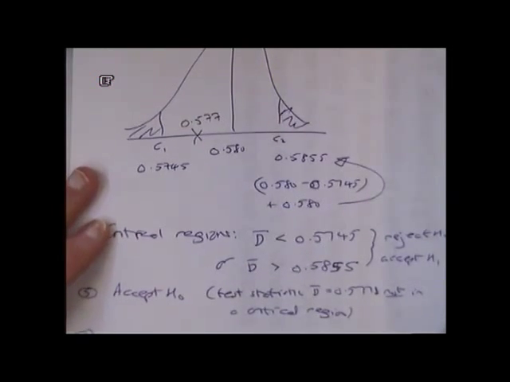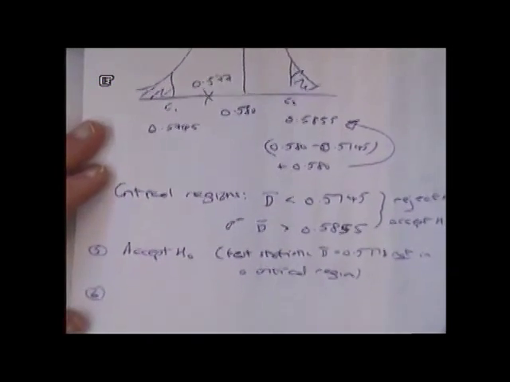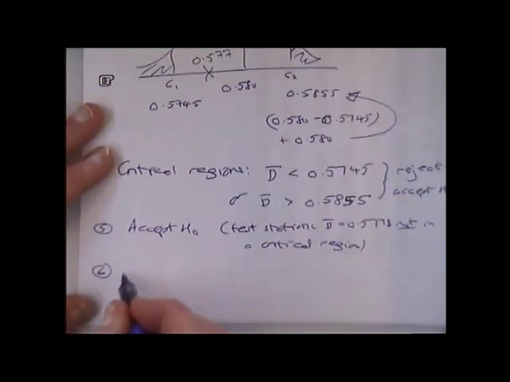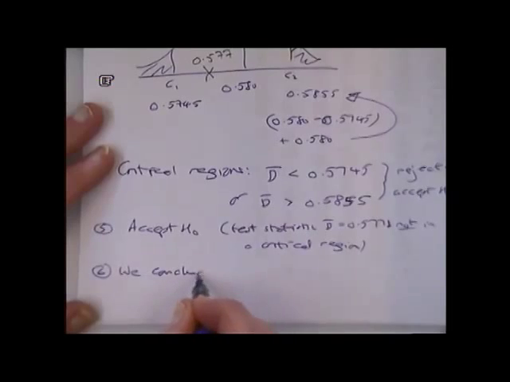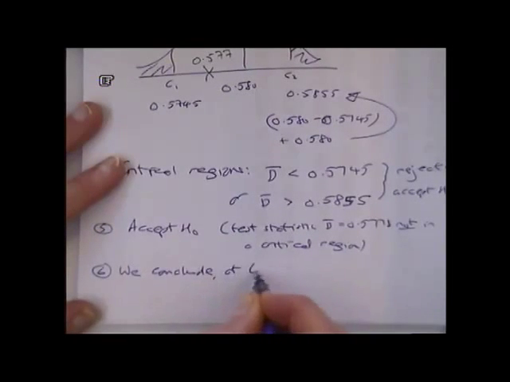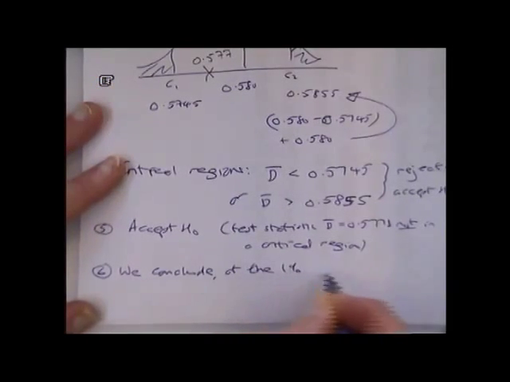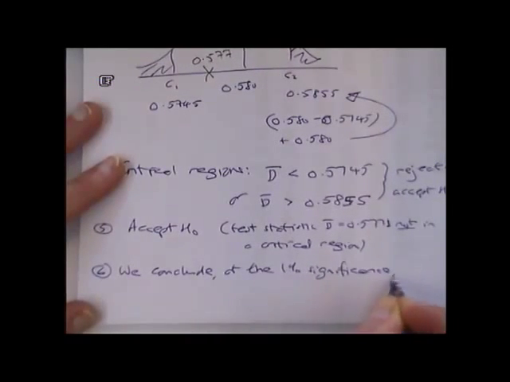And then step 6, of putting it into words. Now I'm going to write this one out slightly more fully because we should really mention the significance level of what we're doing. So we conclude at the 1% significance level, because if we used a different significance level, we might come up with a different conclusion.